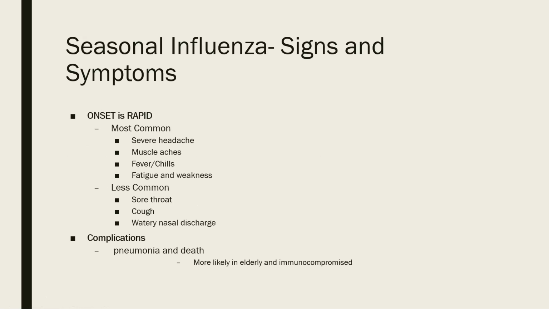Seasonal influenza, signs and symptoms. Onset is rapid. Most common is severe headache, muscle aches, fever and chills, fatigue, and weakness.